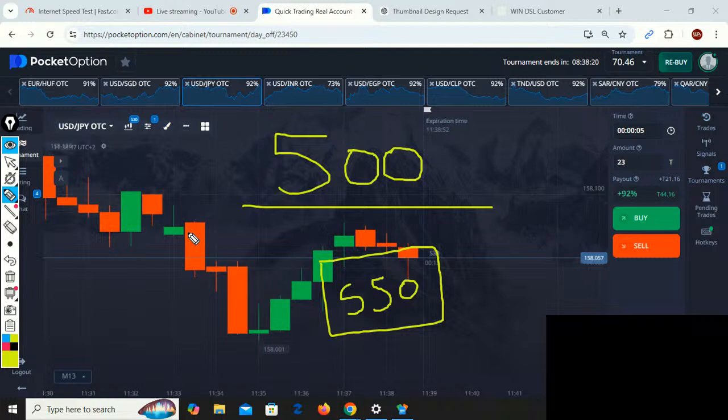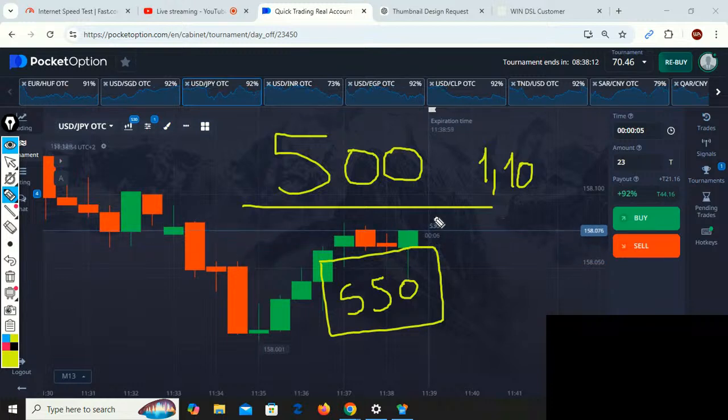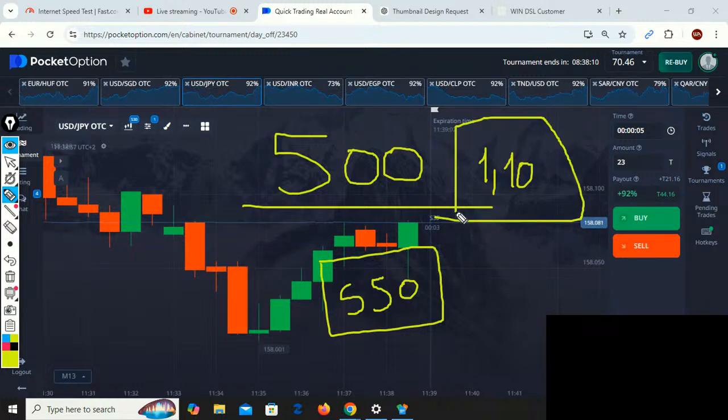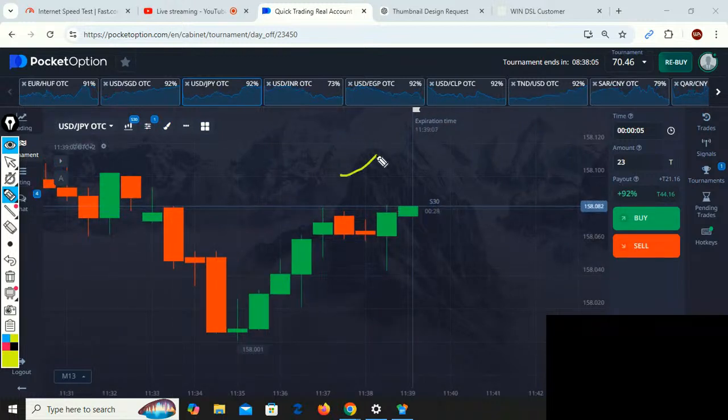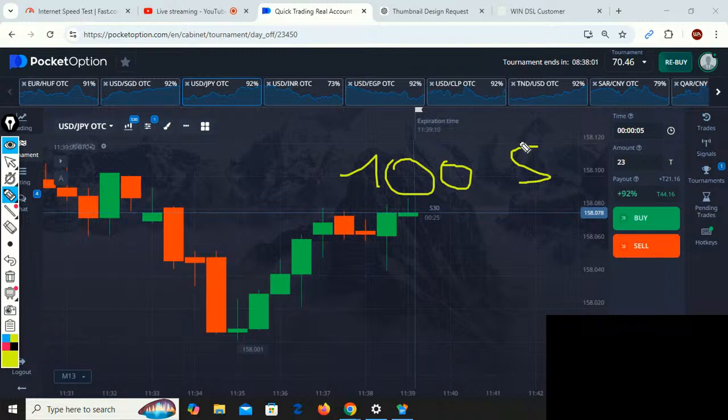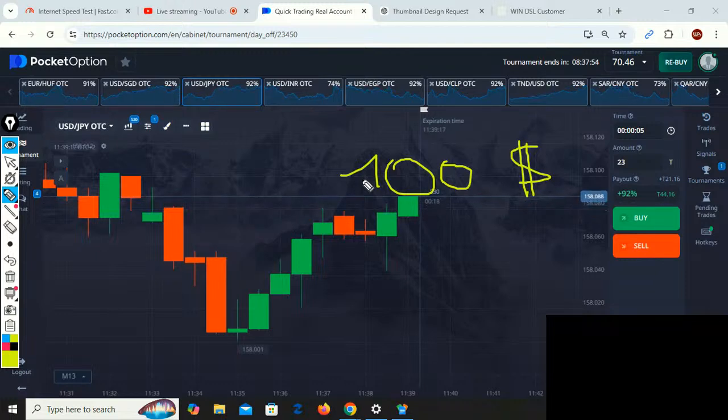Next day, you can start by trading with $1.10 instead of $1, right? You can do something like that to speed up your process. That's only an example. But setting a $100 goal per day for accounts anything from $100 to $400 is way too much for binary options.